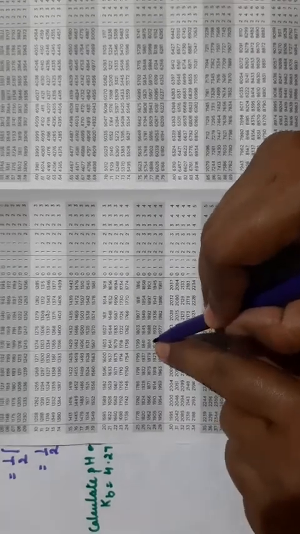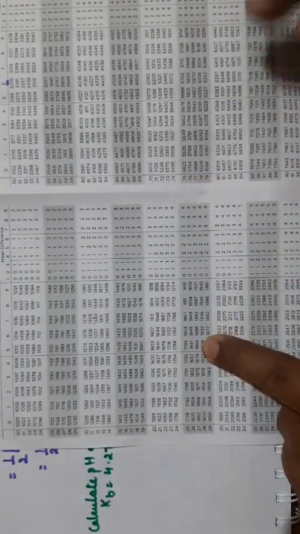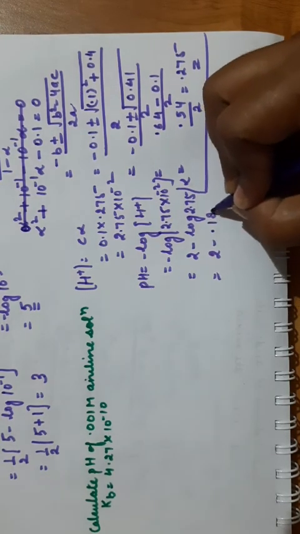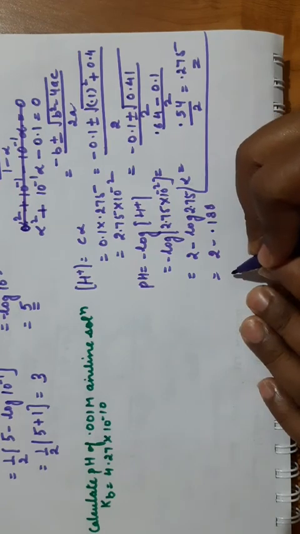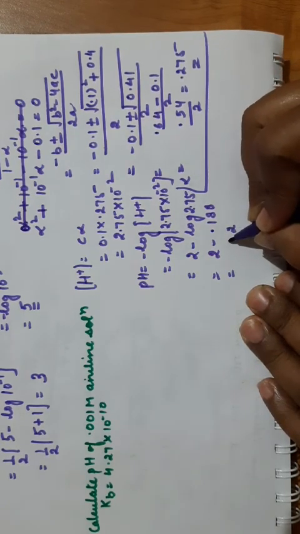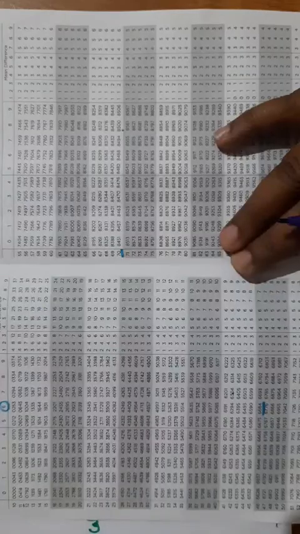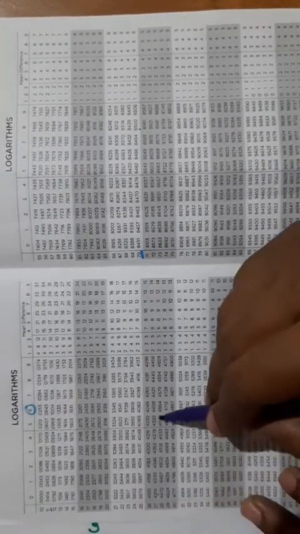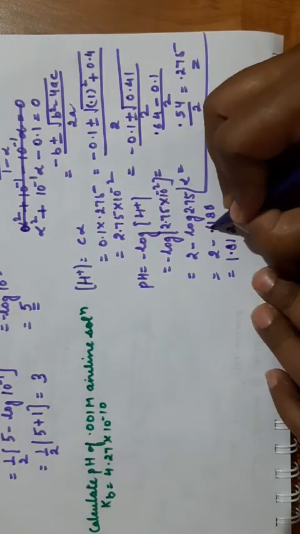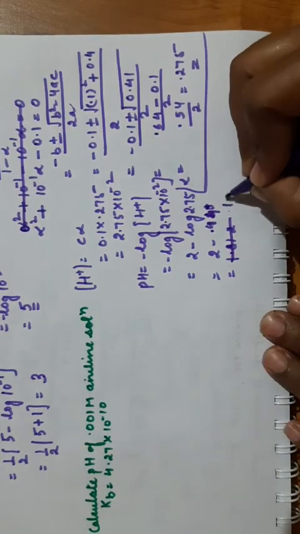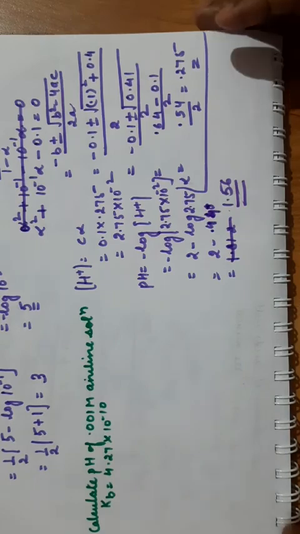So it is 0.4393. So we'll take it 0.44 and we will get the answer as 1.56. So this is the pH of this acid.